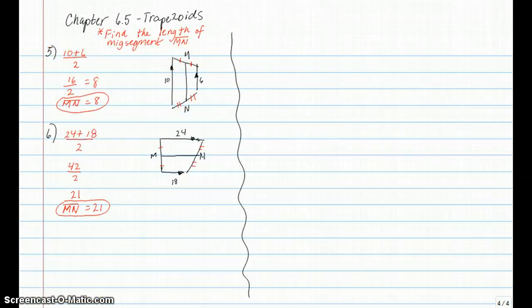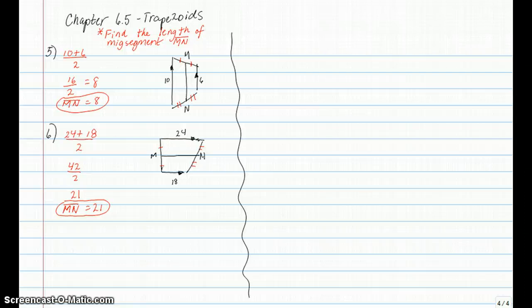We continue with the checkpoint activity at the bottom of page 333. We've done number 4. We're doing number 5 now. You have a trapezoid that is somewhat tilted. It's vertical, so the bases are 10 and 6. They're going vertically, which is a little different. You add those bases, 10 and 6, to find the mid-segment MN, and then you divide by 2, because the mid-segment is the average of the two bases. 16 divided by 2 is 8, so mid-segment MN is 8.